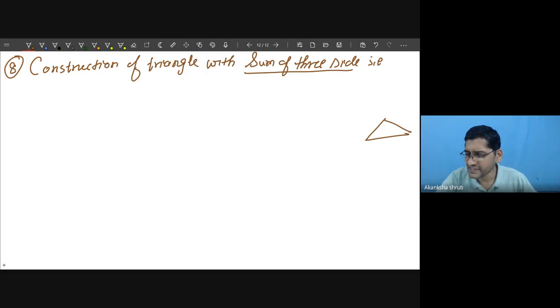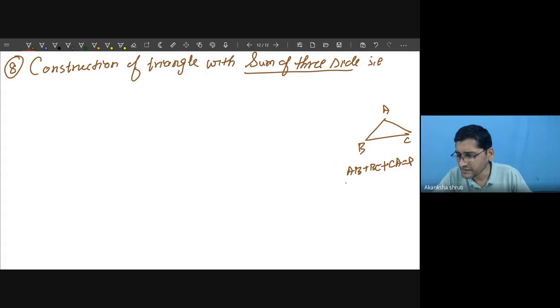If we have the three sides of triangle ABC, then what is this? AB plus BC plus CA. What is this sum? This is called as what? We have not learned the triangle. Sum of the three sides is called as perimeter.